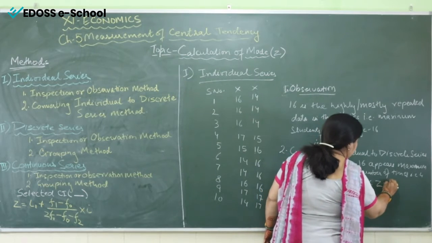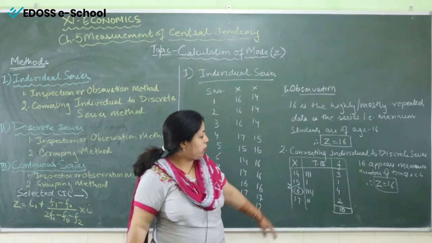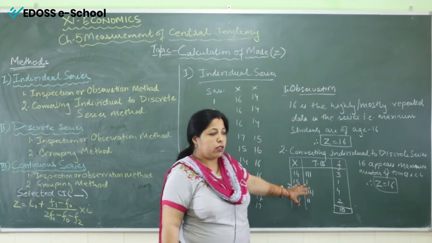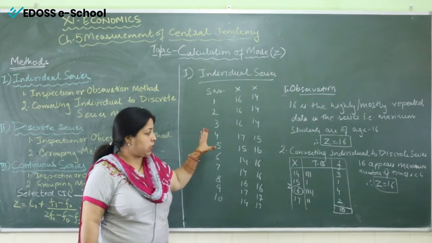Therefore, mode is equal to 16. So here we write down the sentence and this is complete. So I hope you have understood how to calculate mode from the individual series.